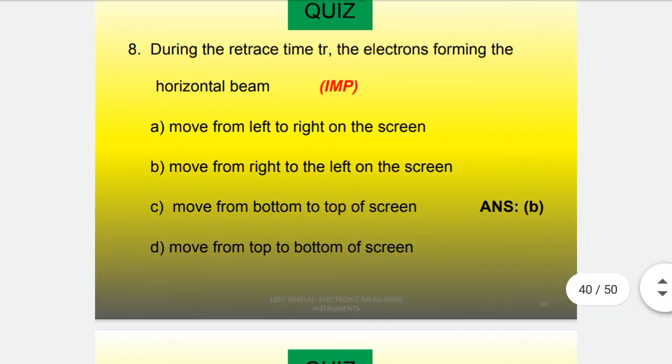And the most important question, during the retrace time TR, what happens to the electrons forming the horizontal beam?